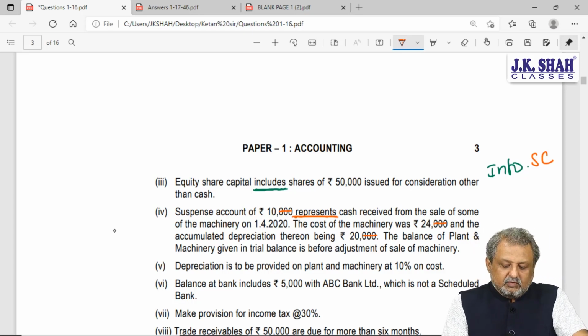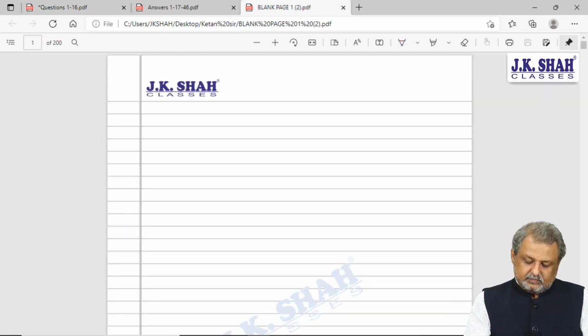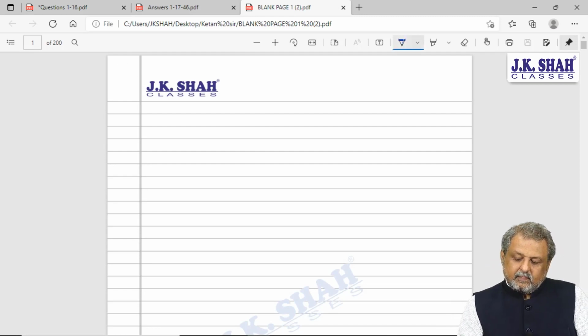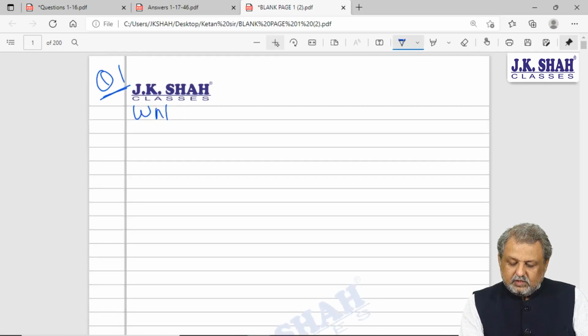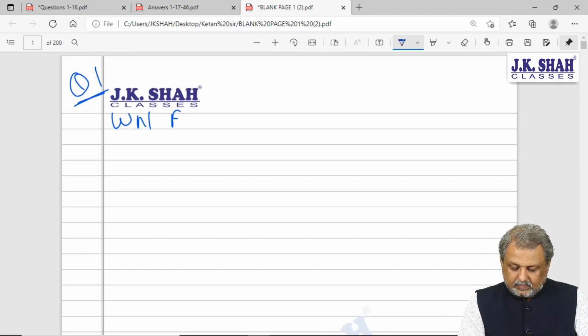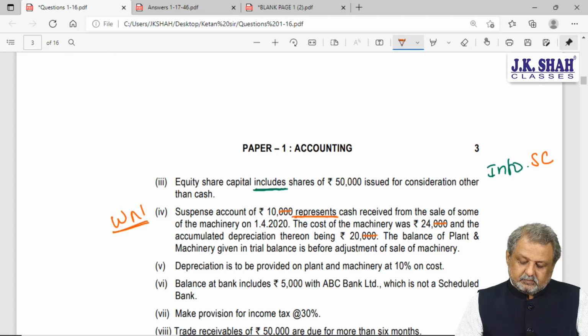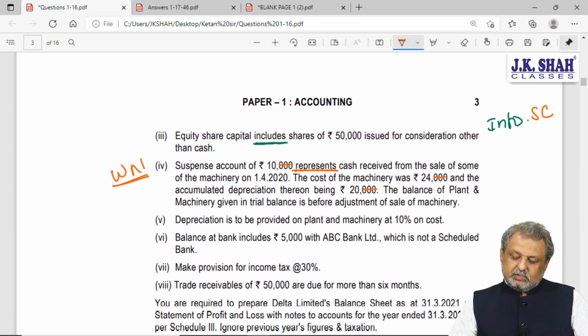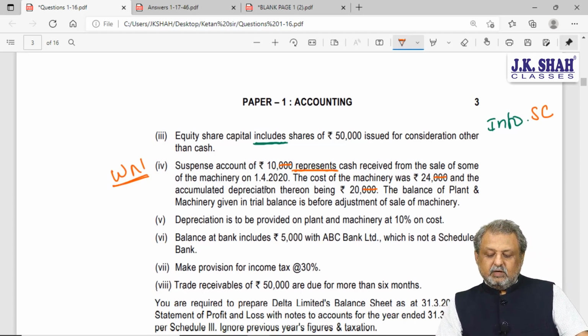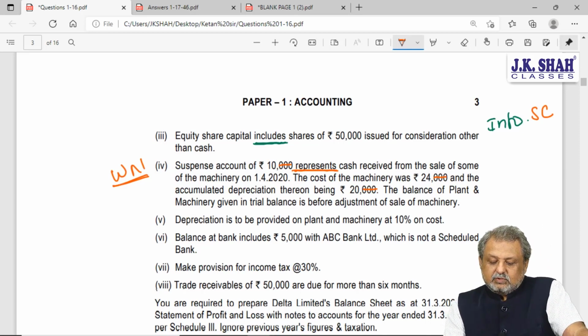Now for that, we will prepare one working note. Working note for sale of machinery. Now, look at the question. Question says the asset was sold on 1st April 20. Cost of the machine was 24 and the accumulated depreciation was 20.